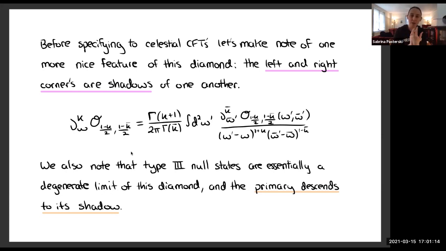The question this also gets at is what happens in 2D CFTs versus higher dimensional celestial CFTs. I think the answer, from our interpretation and looking back at the earlier papers by Banerjee, is that somehow the structure of these top states in the diamond persists to higher dimensions.